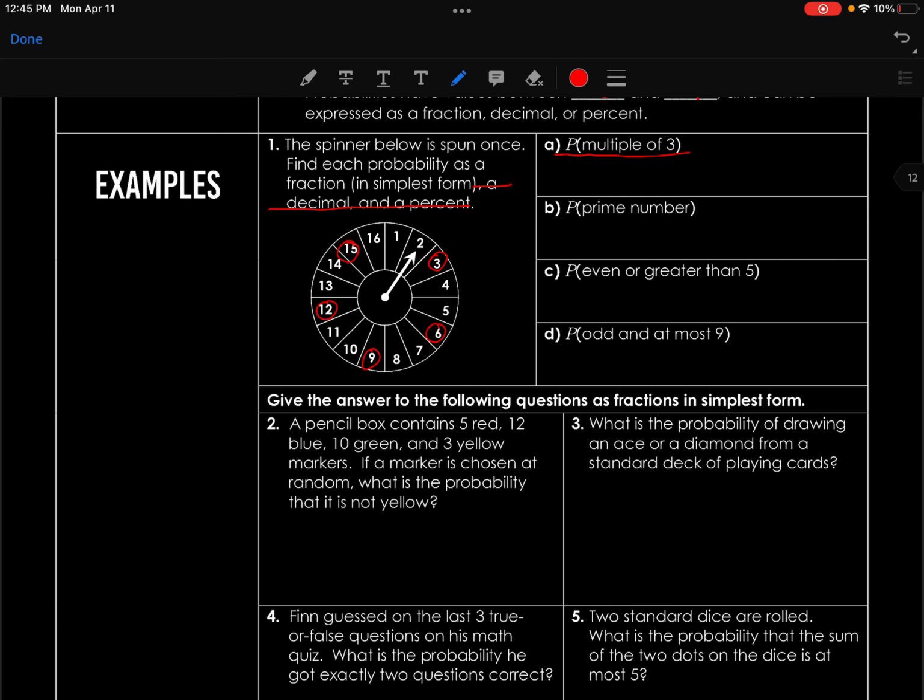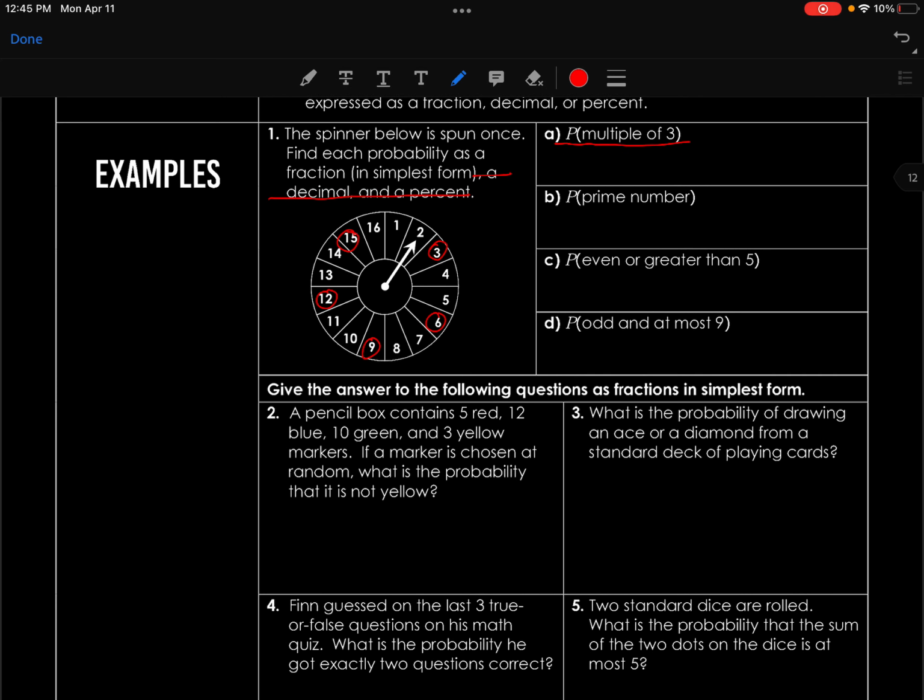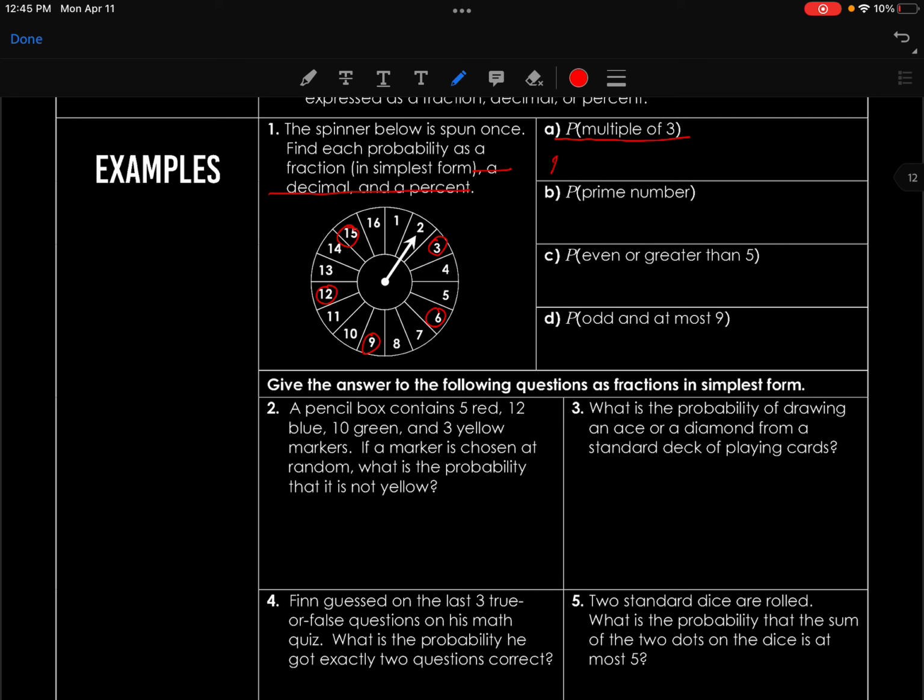Is that correct? Yes. So probability of multiple of 3 is equal to the number of favorable outcomes, which is 1, 2, 3, 4, 5, over the total number of outcomes, which in this case is 16.